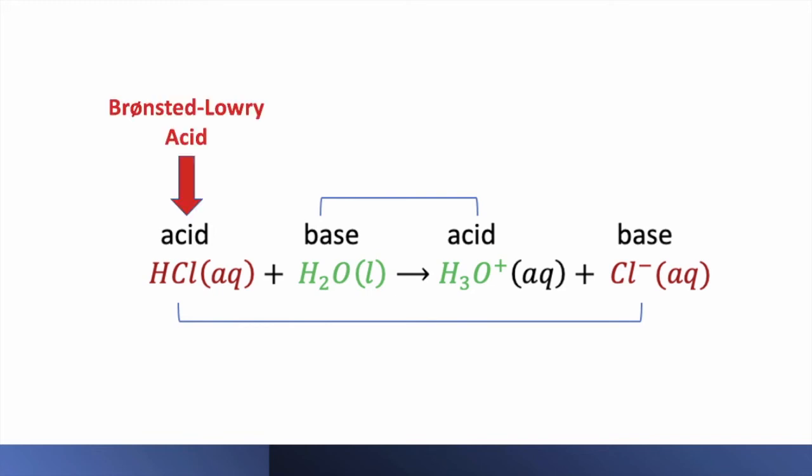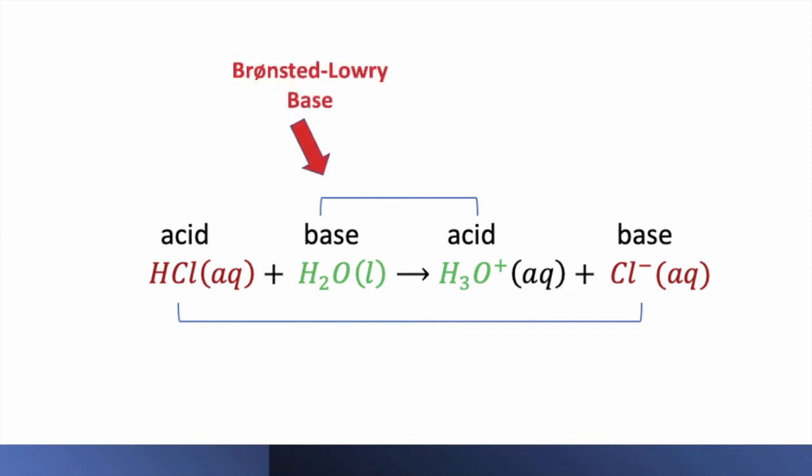Our Bronsted-Lowry acid is the hydrochloric acid. Once it gives away its proton, it becomes a chloride ion, and that is the conjugate base of hydrochloric acid. Likewise, water will accept a proton. Water acts as our Bronsted-Lowry base, and after it accepts a proton, it becomes the conjugate acid hydronium.